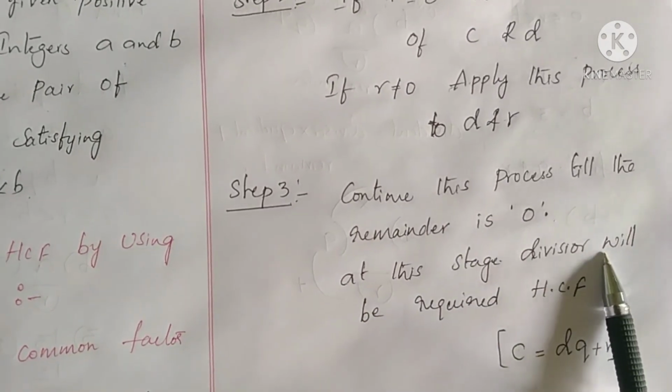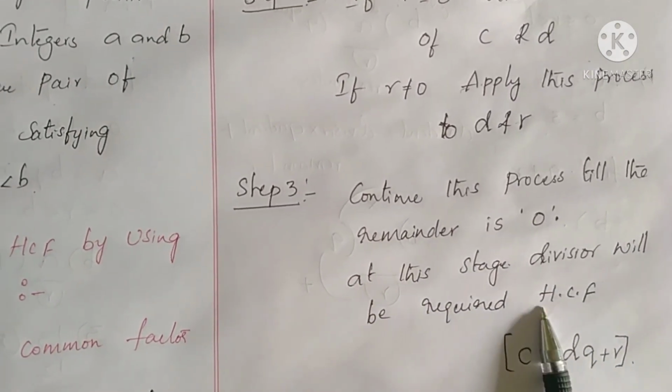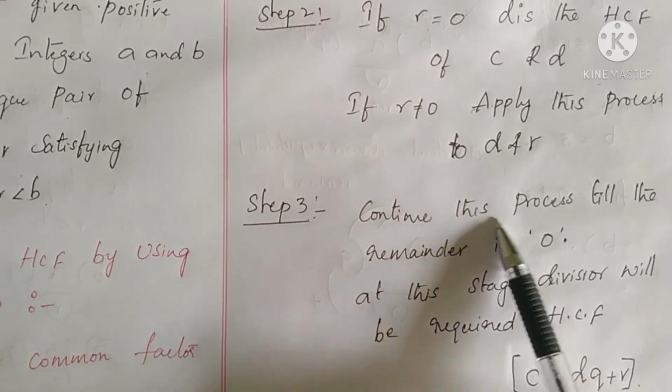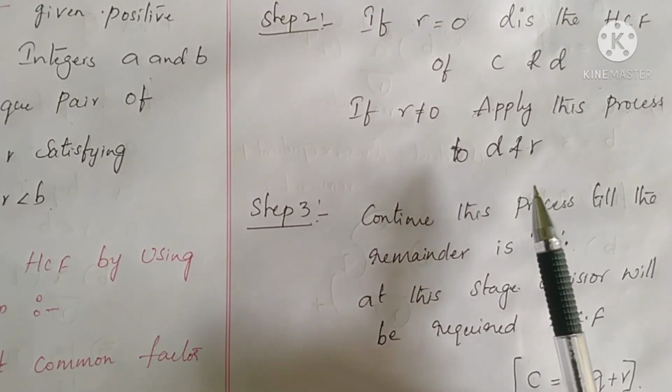At this stage, the divisor will be the required HCF. This is the procedure to find the HCF of any two numbers.